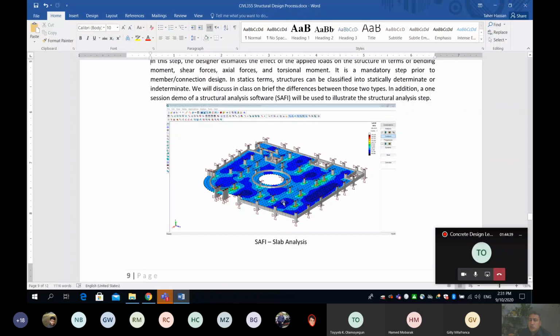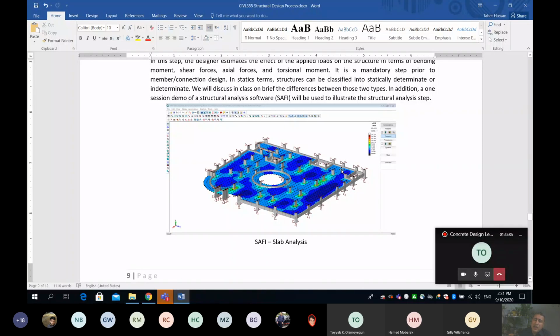You can see here a kind of contour map, like you see blue, green, light blue. So what are those colors? Of course, if you have a bigger picture, you will see what they mean. Here on the right side there is a legend that tells you, for example, if you have blue, it means your bending moment is in this range. And if you have green, your bending moment is less and it's in this range, okay?